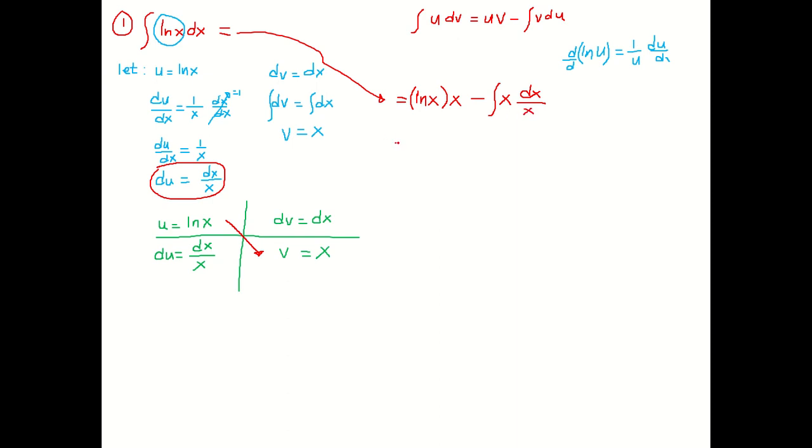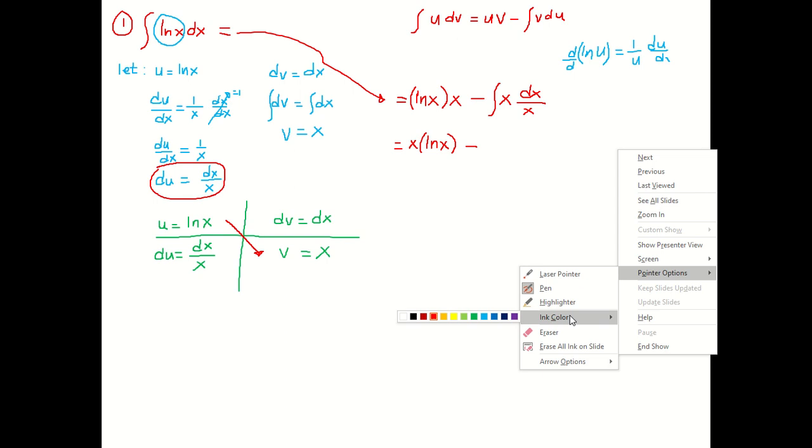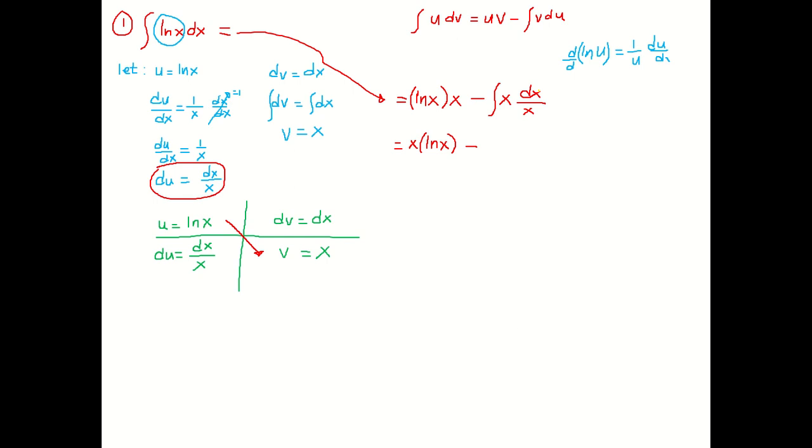Okay, so since this is multiplication, class, you can rearrange this as x times ln x. You may put this inside the parenthesis or not, they're just the same. Then minus, we have x at the numerator and x at the denominator. So x divided by x is equal to 1.